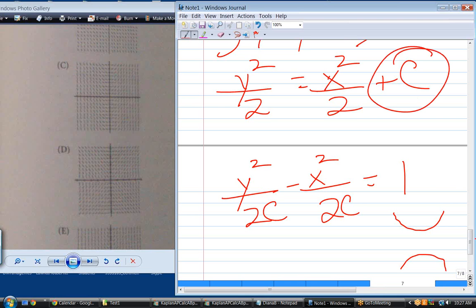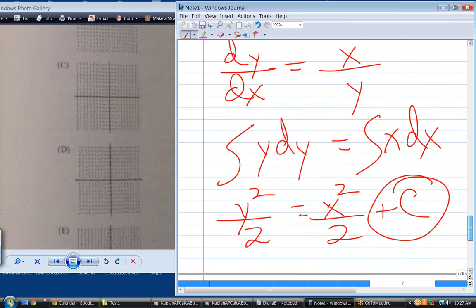Sometimes when you solve a differential equation, this c turns into a multiplier, not an adding. So it's not always that the different solutions are just going to be vertically shifted from one another. It's very rare, in fact.